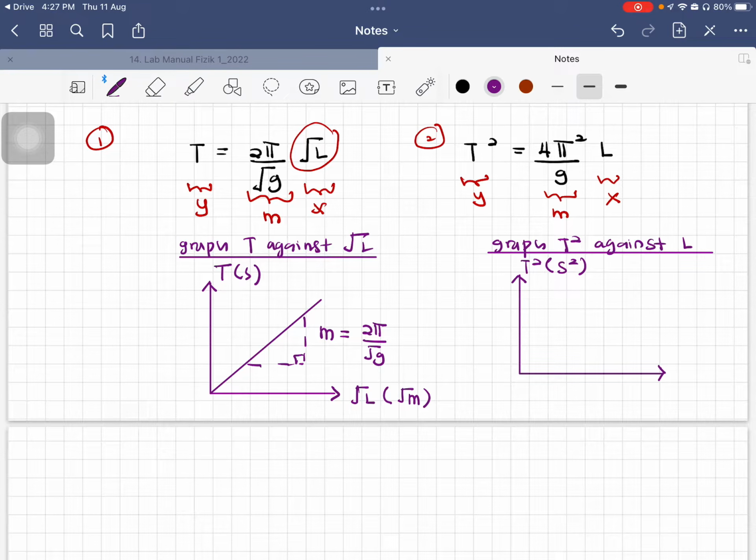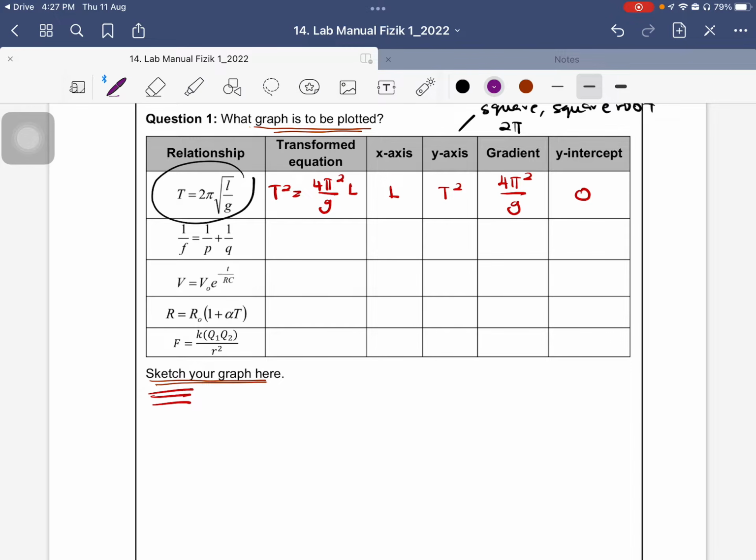And your L is L, with unit meter. Same graph, intersecting at 0, and you will have your gradient, your m, which is now 4 pi square over g. Either one is correct. So for another question, please use the correct one.